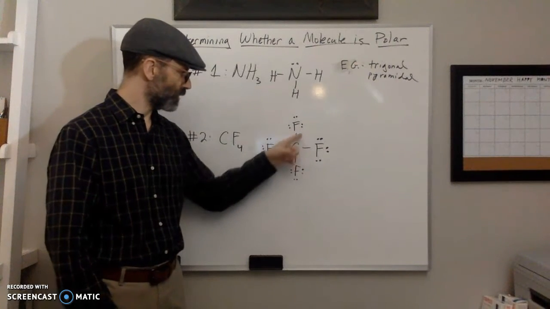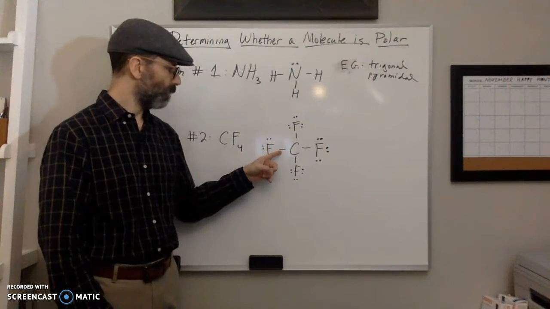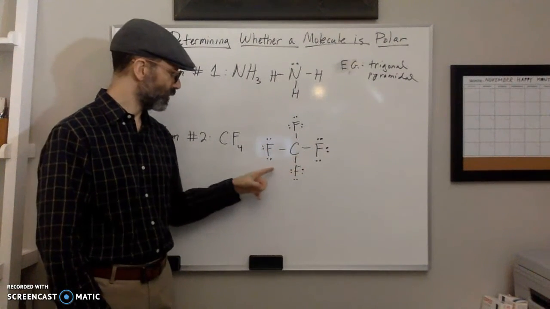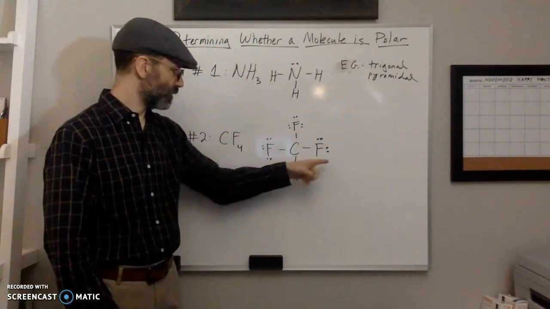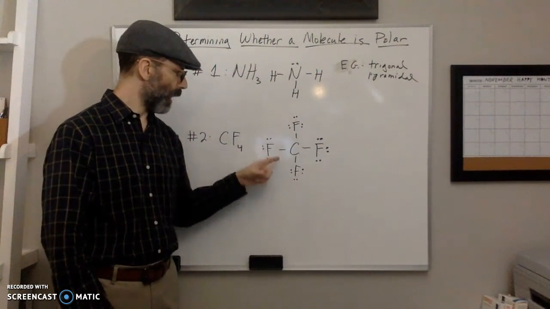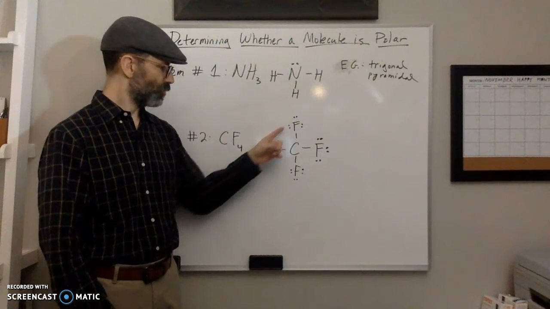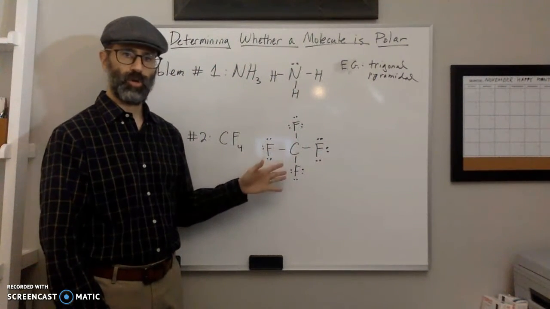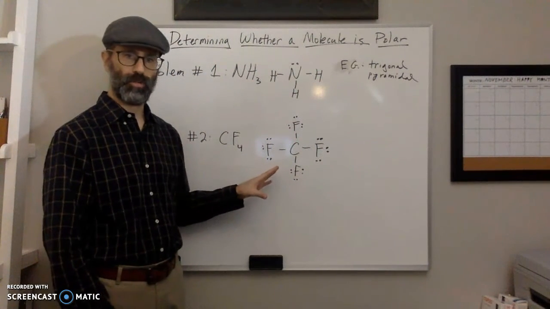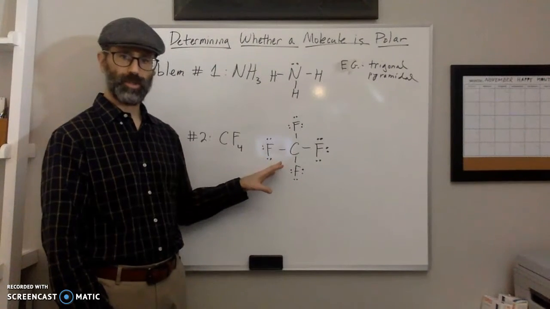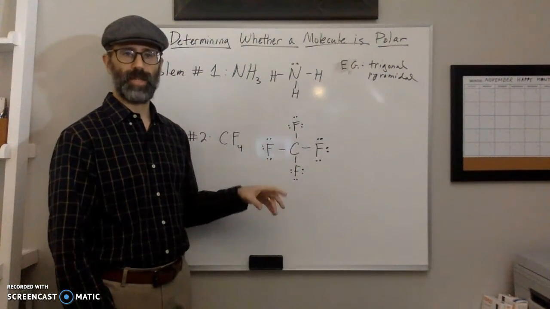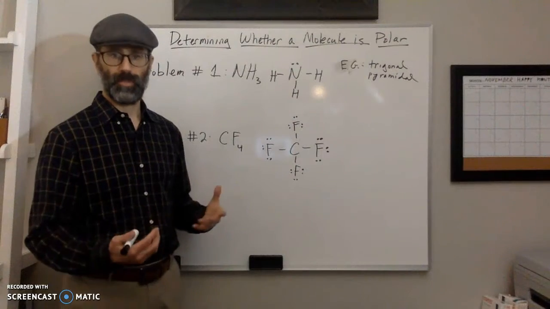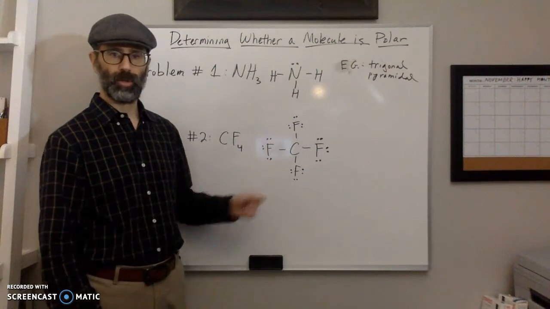Notice that they're all single bonds. Notice that I have all single bonded fluorines to my carbon. So the bonds are the same, the atoms that are bonded to the carbon are all the same, there's no lone pairs, so this is going to be a symmetrical molecule, there's no asymmetry, so therefore all of the polarity in the bonds are going to cancel out, so the molecule is non-polar.